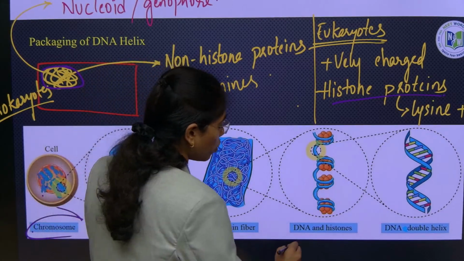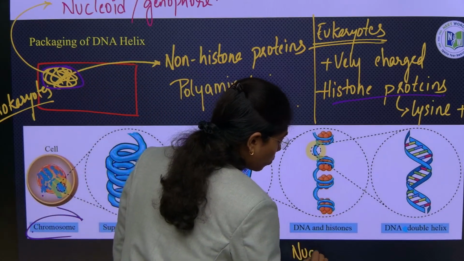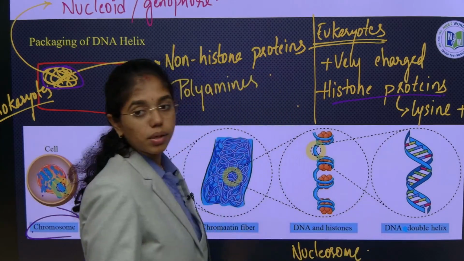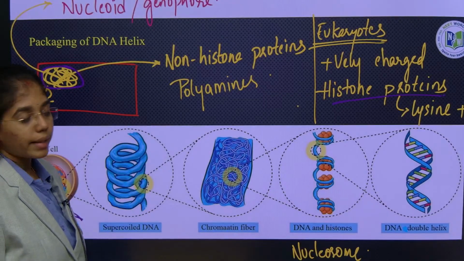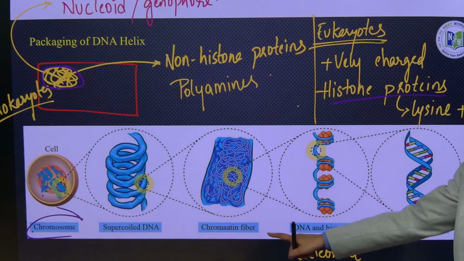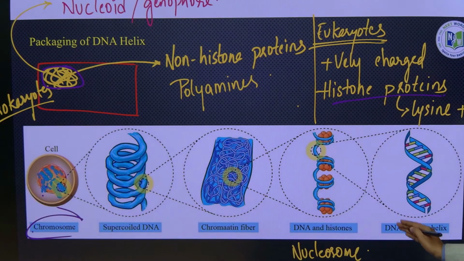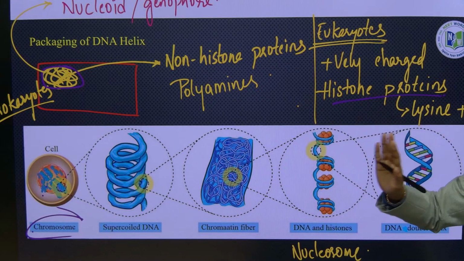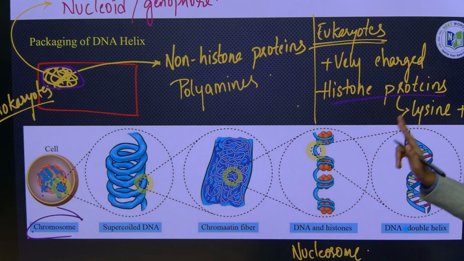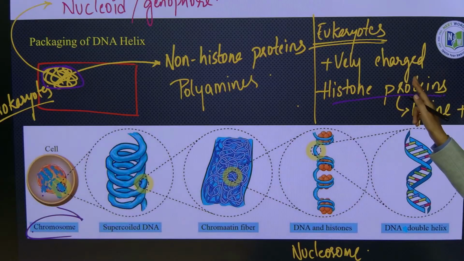DNA along with histone proteins is the nucleosome model, the highlighted segment in our syllabus, and that gives you the double helical structure of DNA. You have understood the steps of DNA packaging. In prokaryotes there are no histone proteins, only non-histone proteins which are polyamines. In eukaryotes positively charged histone proteins are present, because they have lysine and arginine.